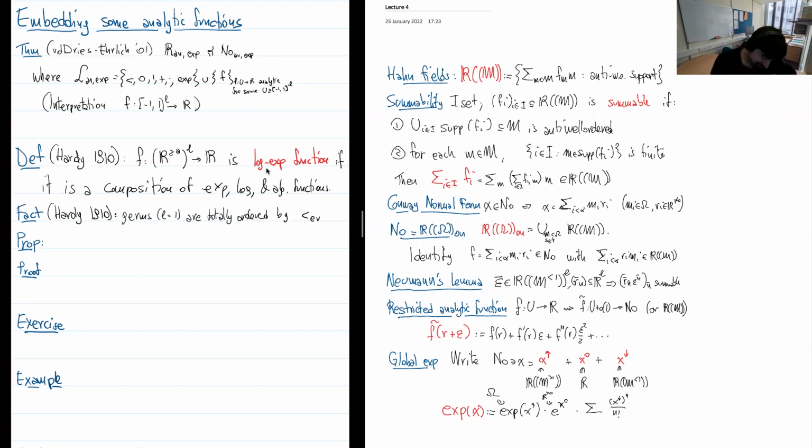So there are canonical, well, let's say natural, and then we can debate whether natural is the right word, extensions to the surreal numbers of all log-exp functions.